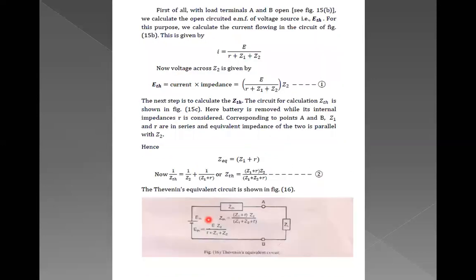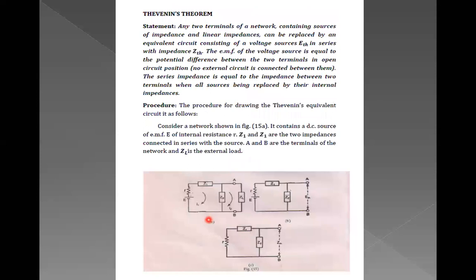First, we keep the load terminals A and B open. Just go back and see the new circuit shown in figure 15B. We kept these two terminals open, which means we removed the load impedance ZL. In that condition we calculate the open circuit voltage, that is ETH.